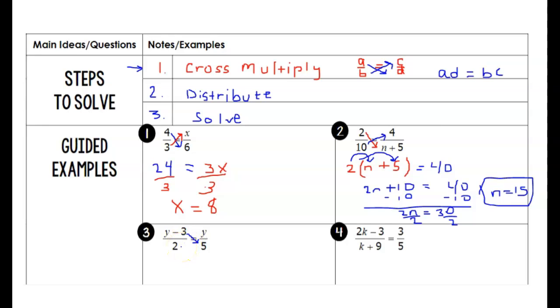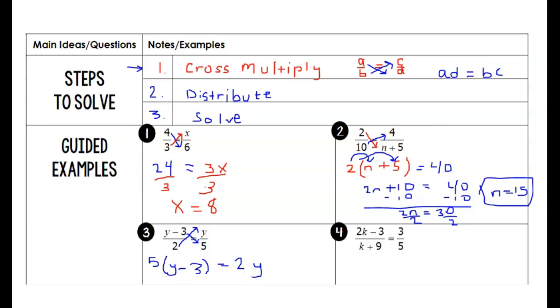5 times y minus 3 and 2 times y. Remember, when I write the 5 times y minus 3, I put the y minus 3 in parentheses. 5 parentheses y minus 3, and it equals 2 times y. Does everybody see that?